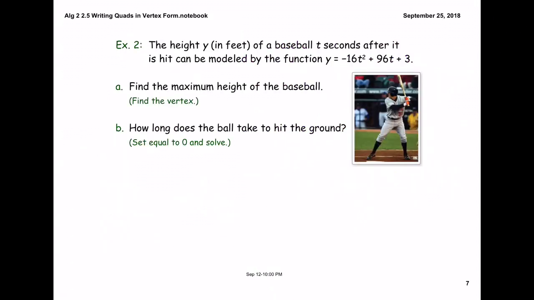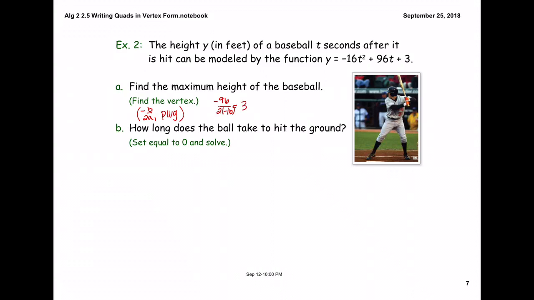In example 2, the height y in feet of a baseball t seconds after it is hit can be modeled by this given function. It asks us to find the maximum height of the baseball, which is the vertex. So to find the x-coordinate of the vertex, we do negative b over 2a, and to find the y, we plug it into our equation. So negative b would be negative 96 over 2 times negative 16, which when we simplify that, we get 3.